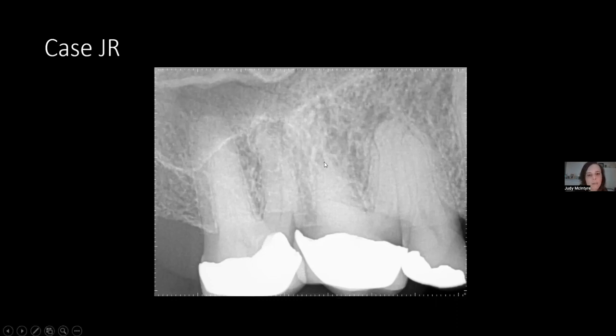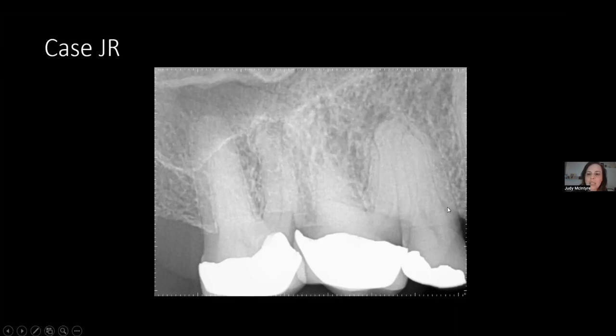So this patient came for pain, and yes, we do see a periapical lucency on this upper first molar. And again, when I look carefully at this PA, I'm looking at the horizontal bone. And again, this is also mesially overlapped a little bit.